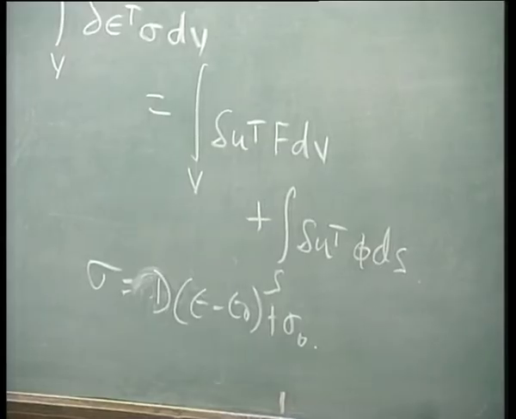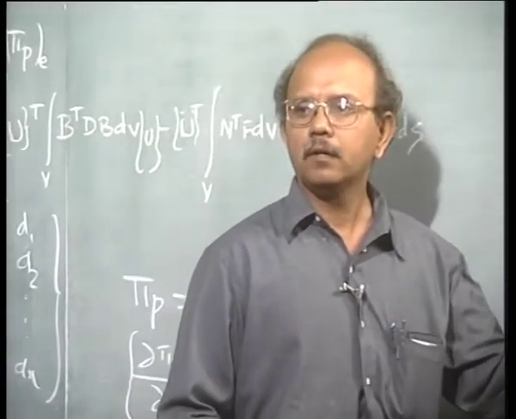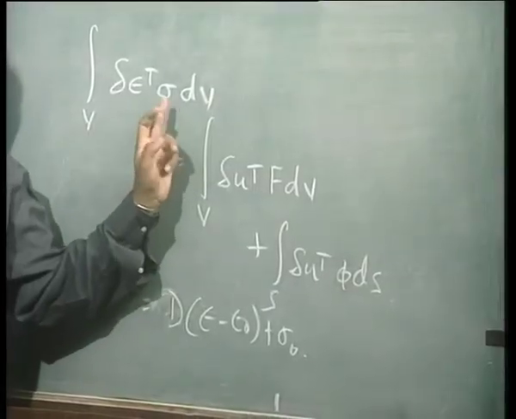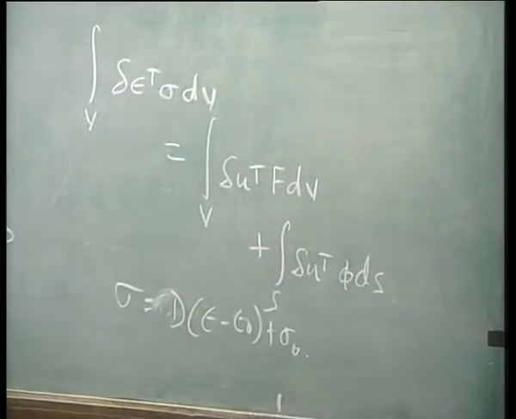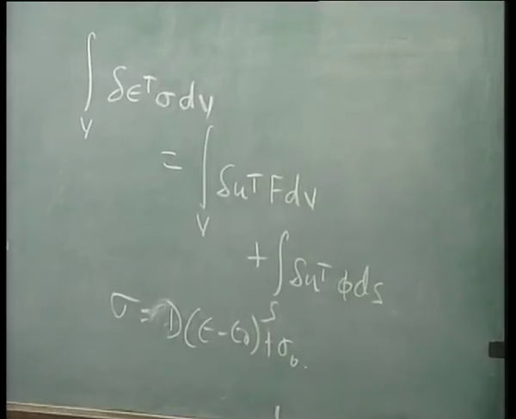Sigma can be written as a vector, depending upon. So, I can help you out. Sigma is what? For the time being, forget about those two terms, epsilon 0 and sigma 0.